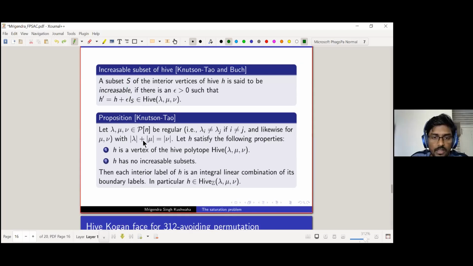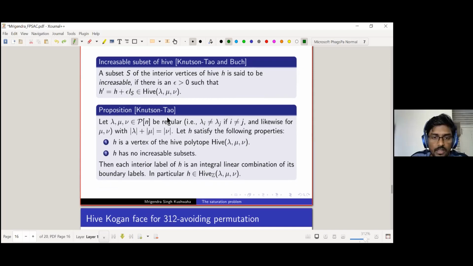So here is the crucial proposition of Knutson-Tao, which they used to prove their conjecture. If lambda, mu, nu are partitions such that this inequality is true, and suppose H satisfies the following property. Remember, lambda, mu, nu are regular. Suppose H is a vertex of this Hive polytope. So this is the polytope.